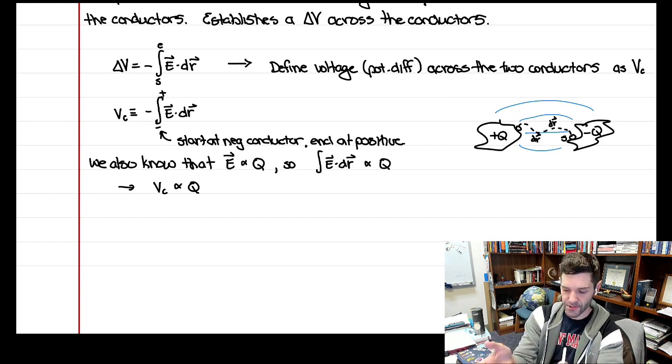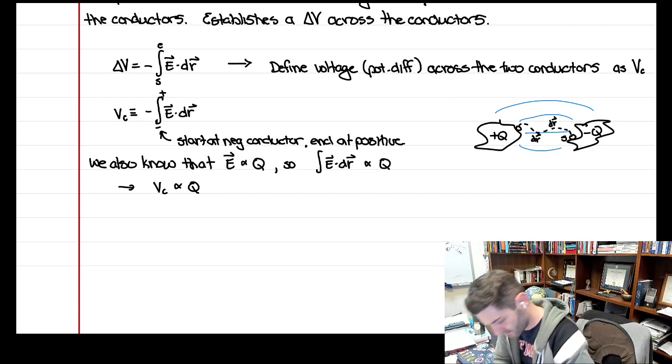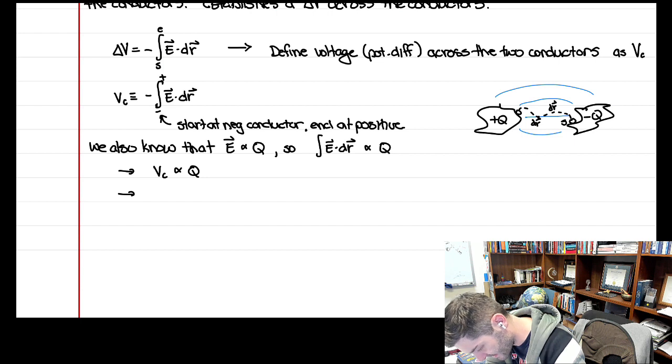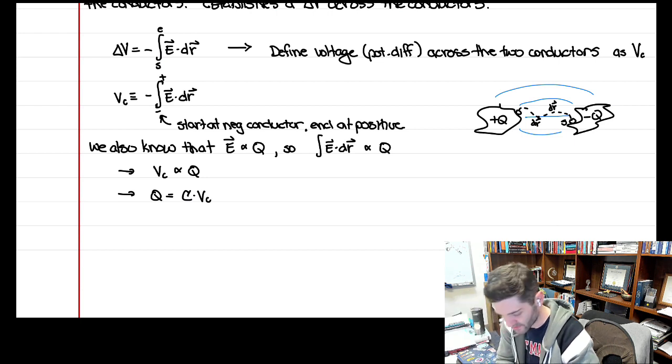When something is proportional to something else, that means they're related by some constant. So what this implies is that Q is equal to some constant times the voltage. That's what it means to be proportional.